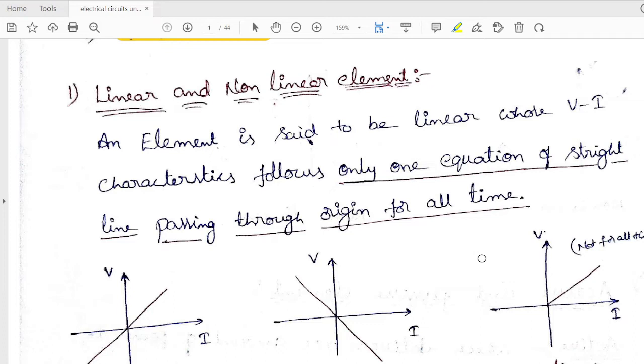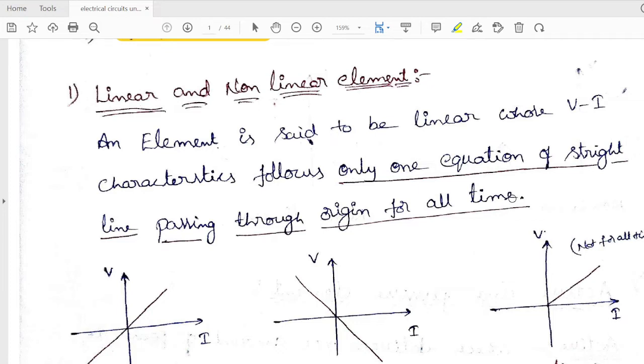Means if I draw a curve between voltage and current for that element, if it gives a single straight line passing through origin, then that element is said to be linear. Otherwise, it is said to be non-linear.